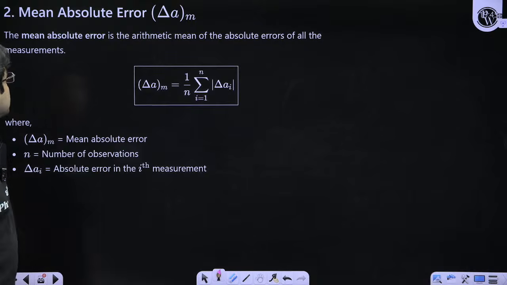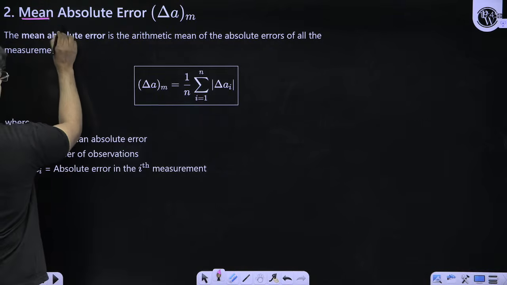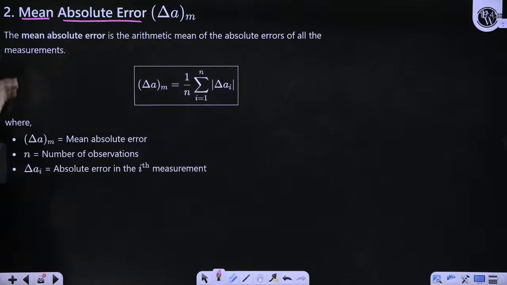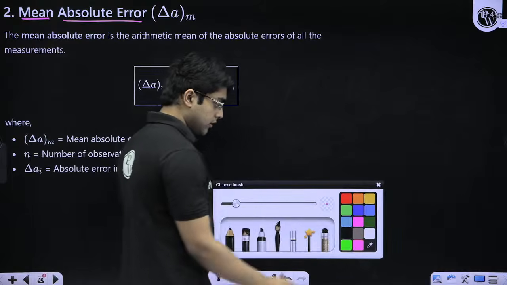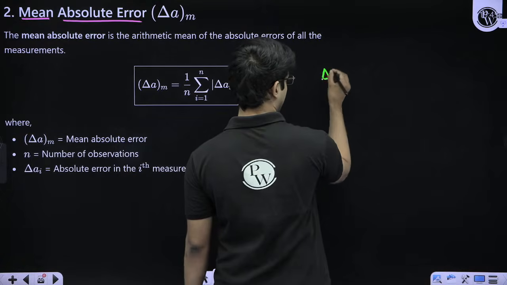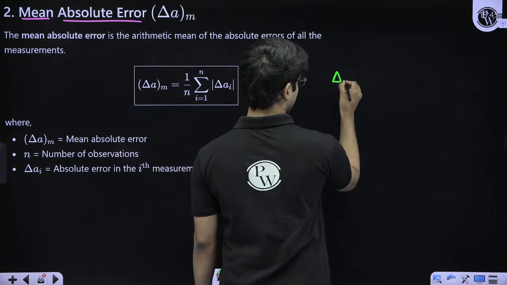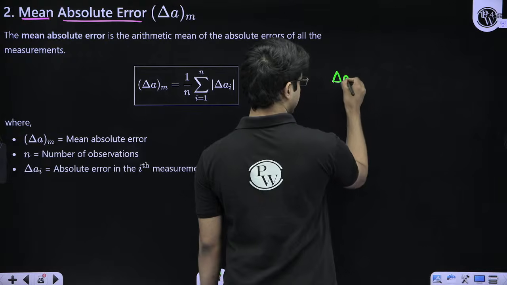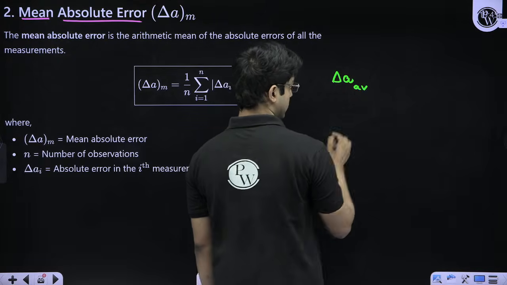Then we have mean absolute error. Mean means average. So this means average of absolute errors. So we learnt what is an absolute error. Mean absolute error means of the absolute errors, we want an average value.